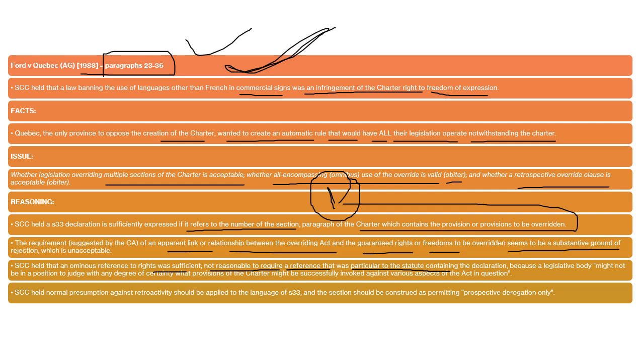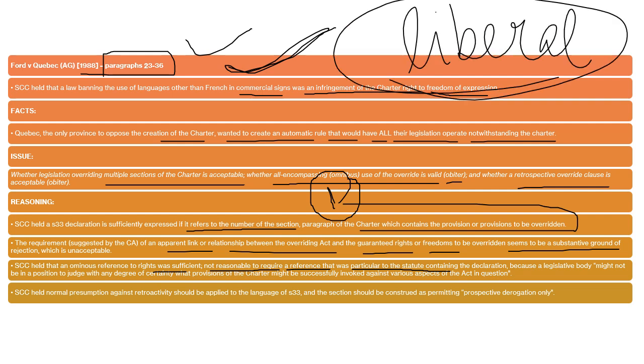So the Supreme Court here followed a liberal approach and said that sometimes, when government legislatures enact law, it could be that they don't have any particular detailed legal knowledge. So they might not be sure what Charter rights need to be invoked for a particular action.